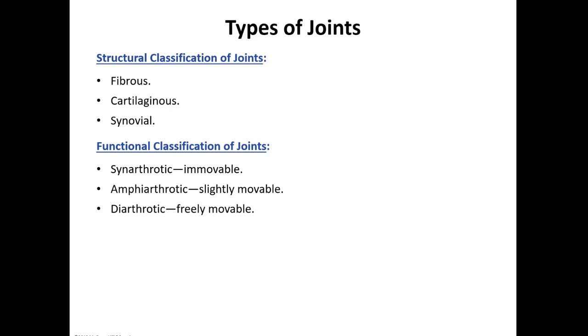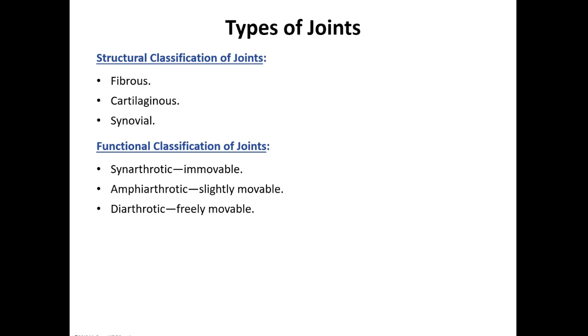If a joint allows slight movement, then most such joints are usually cartilaginous. And if the joint rarely moves at all, most such joints are usually fibrous.